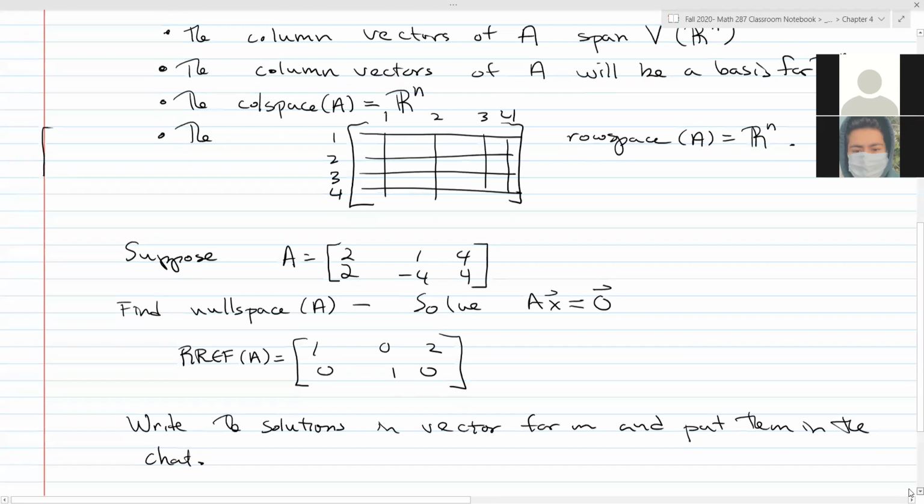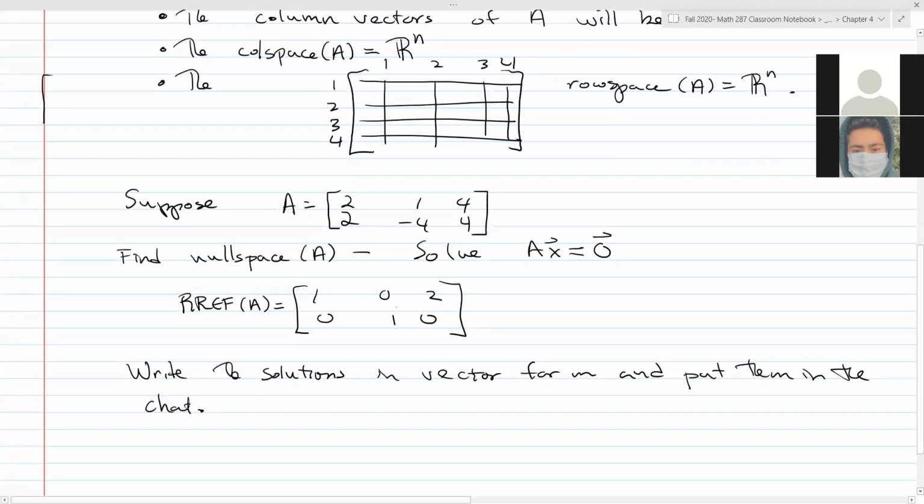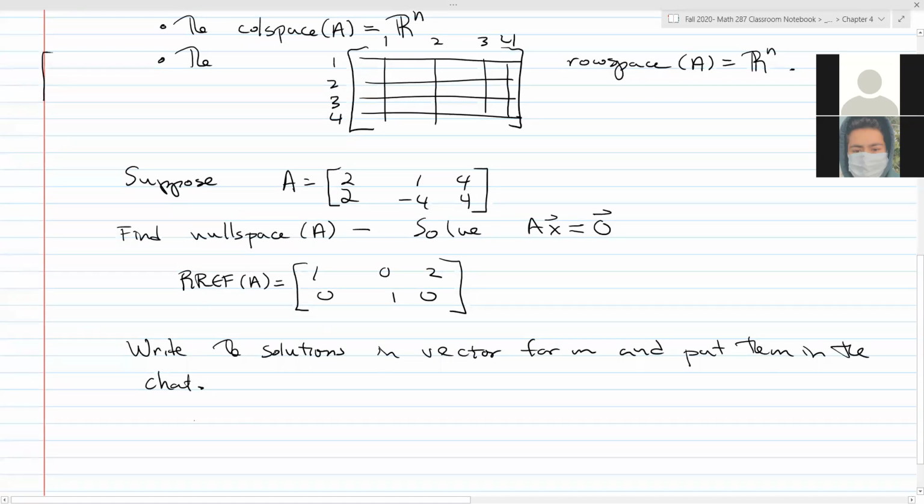All right. So if I look here, we can actually imply that 0 vector. Essentially, my equations are going to be x1 plus 2x3 equals 0, and x2 is just going to equal 0. We'll let s equal x3.